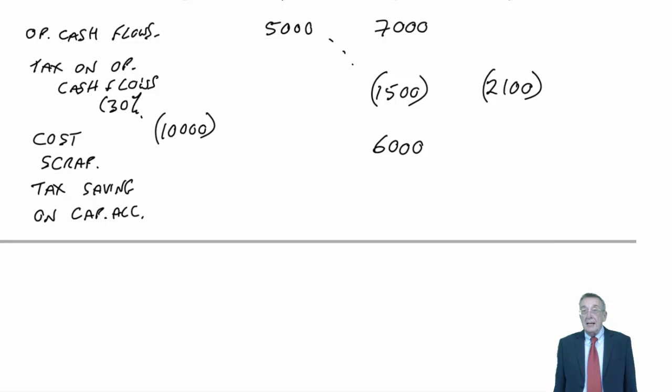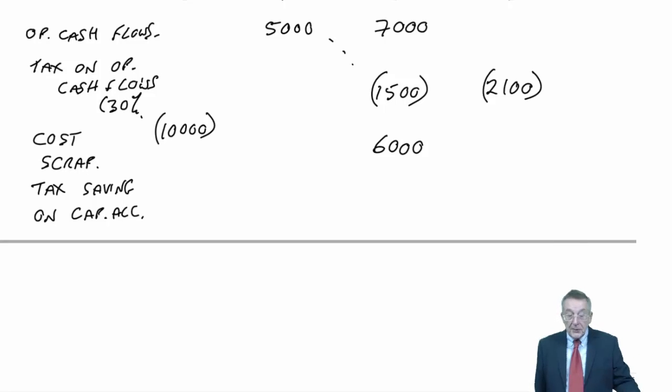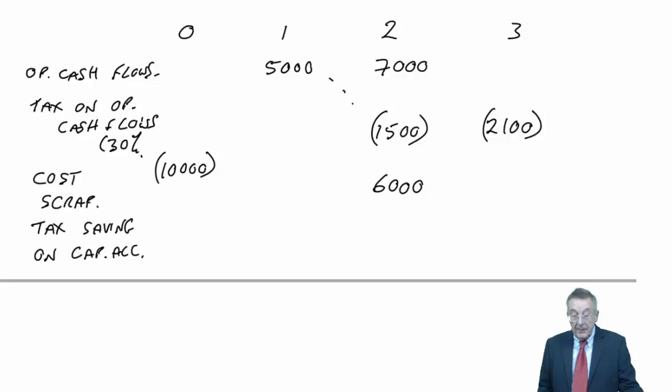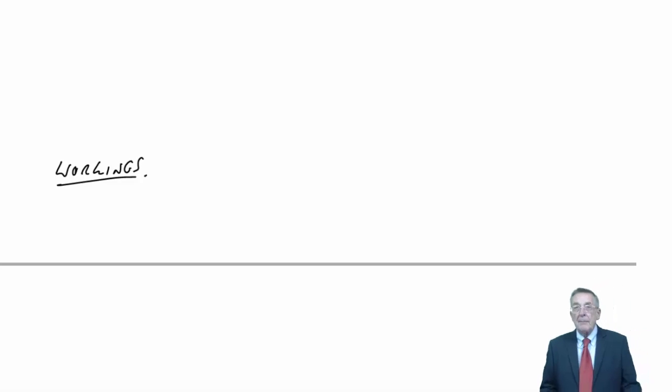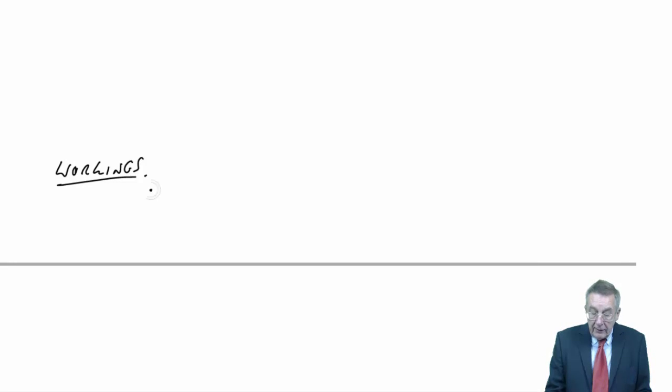Now watch me carefully here. I'll have to show separate workings, so I'll wind down a bit and then we'll come back and finish off the table. So the workings for the capital allowances. The way it works, we've got the original cost of, what was it, 10,000?